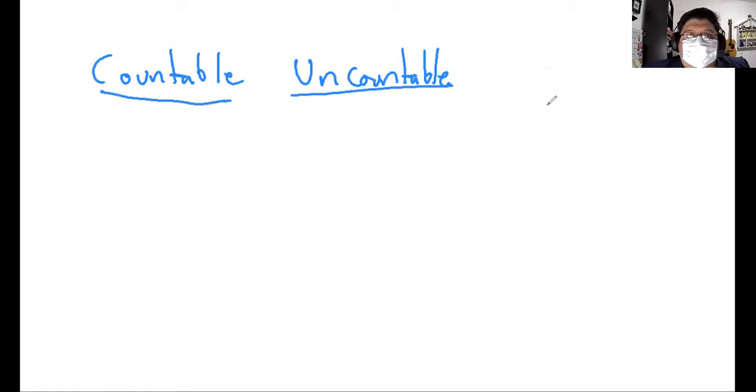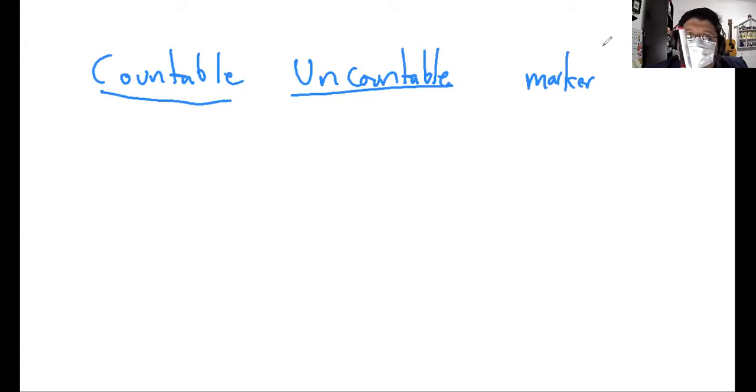It's not hard to identify words that are countable. Let me put an example: marker. I like using the example marker because I have them right here. This is one marker.